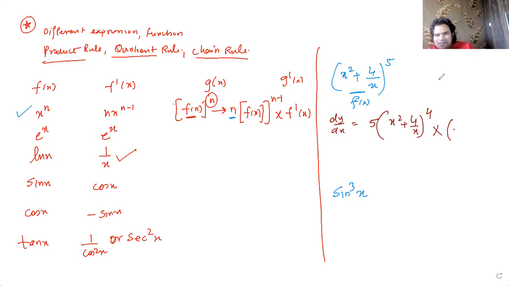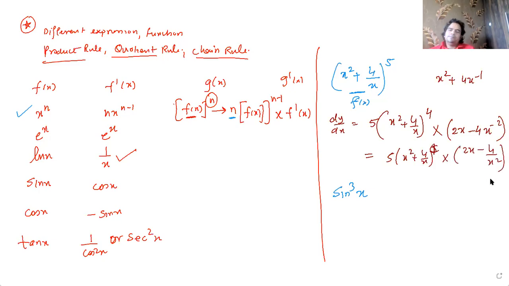once again, you need to be really careful. I can modify x squared plus 4 over x like this. The derivative of x squared will be 2x, and the derivative of 4x to the power minus 1 will be negative 4, because negative 1 comes here, negative 4 x to the power minus 2. So 5 times x squared plus 4 over x to the power 4, times 2x minus 4 over x squared.